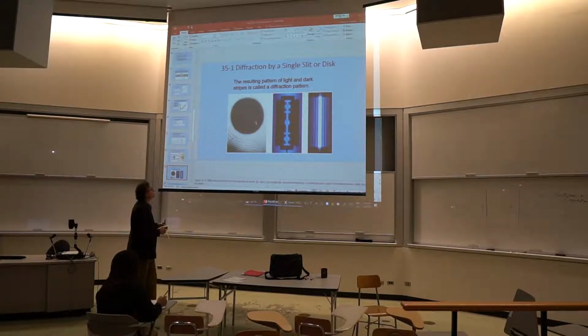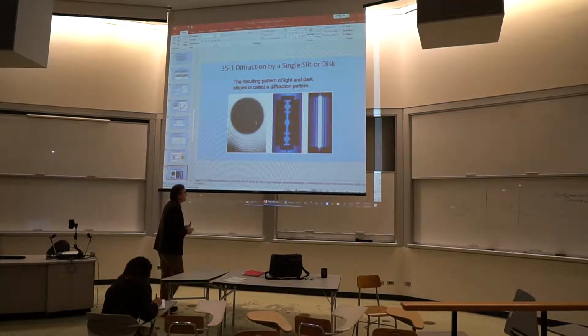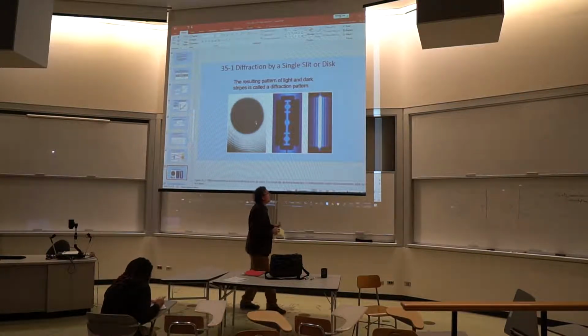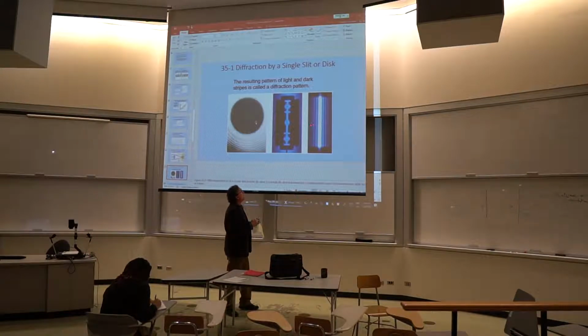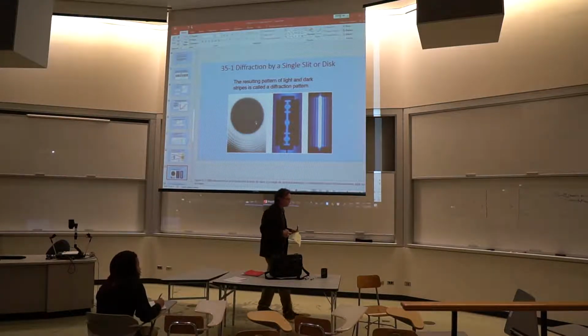But the same is true of the double slit. I don't think I brought a slide up with the actual picture of a double slit. This is actually a single slit, but the phenomenon is still the same. And what we're doing is trying to find out how to measure the intensity across a line that you draw perpendicular to these slit patterns.